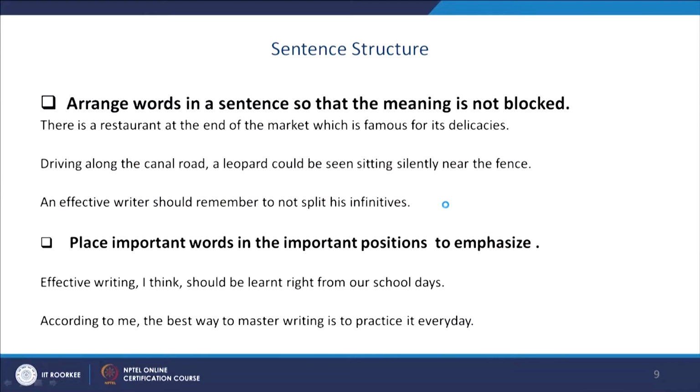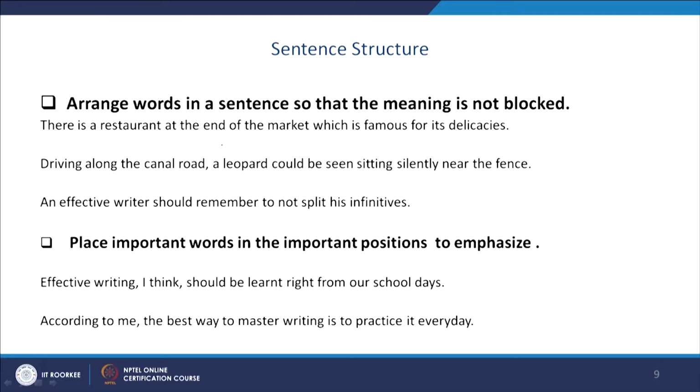Now look at this sentence. If you have a look at these words, you will understand the meaning, but because of the poor structure, the sentence gives a different meaning. There is a restaurant at the end of the market which is famous for its delicacies. What happens here?